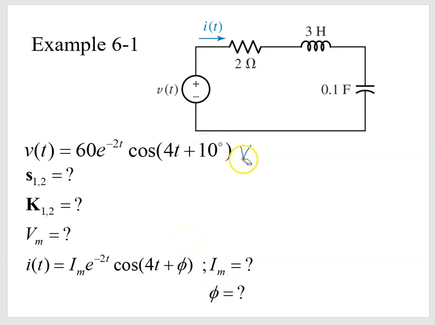So if we want to find the complex constant, then what we need to do is use our Euler's identity here, right?